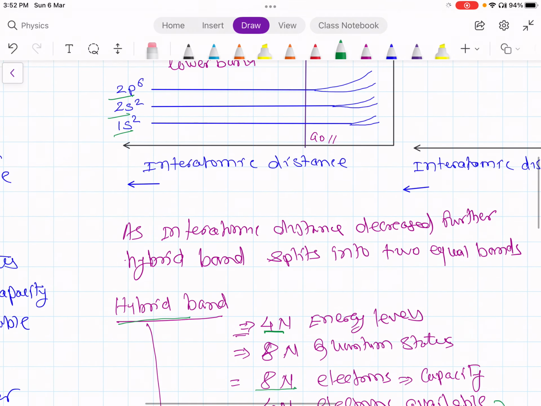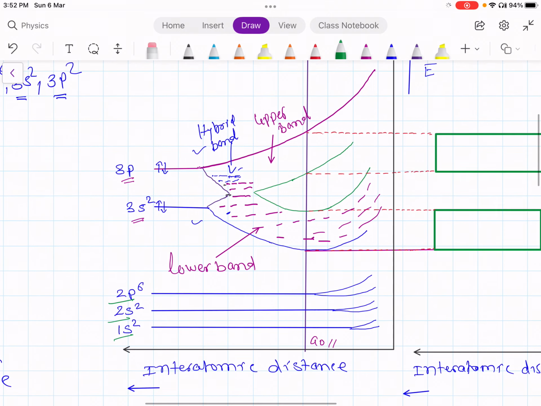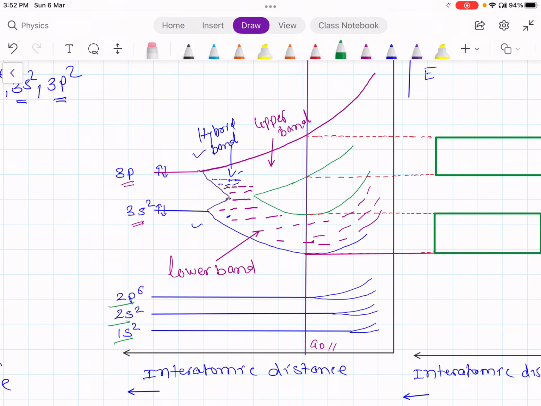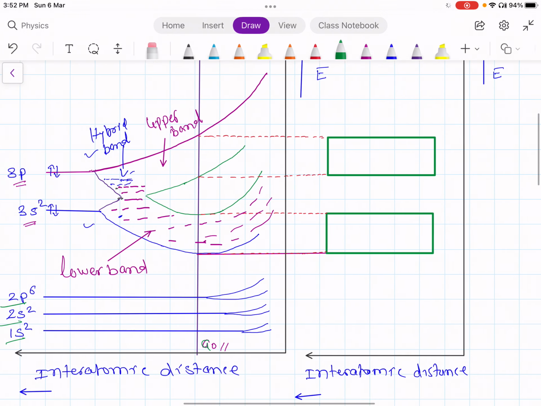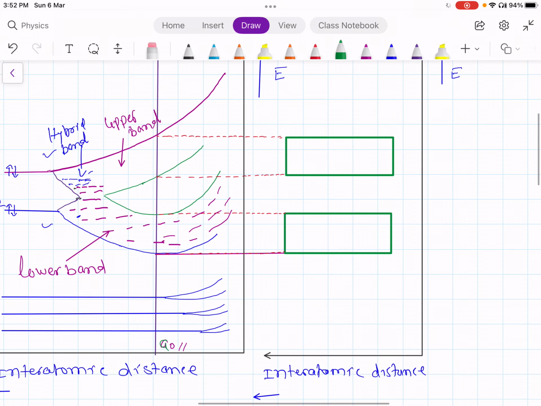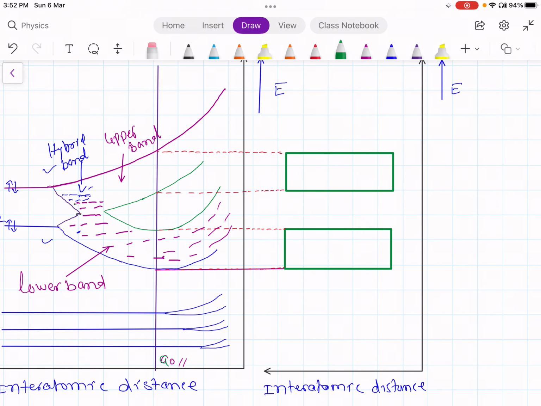See the diagram. The hybrid band splits into two equal bands. Now the lower band is completely filled and the upper band is completely vacant. And at a naught, we are going to slice it to get the energy band structure. As you can see here, they are sliced, and here we got the two bands.